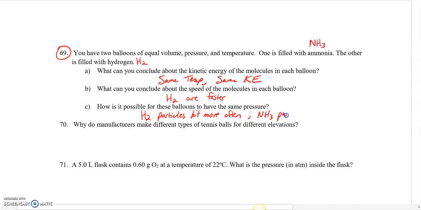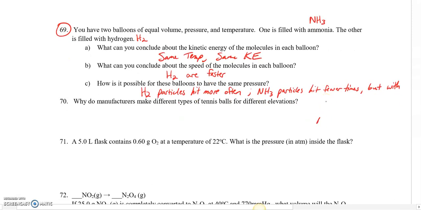NH3 particles hit fewer times, but with more force since they are heavier. So these two cancel out. H2 particles hit more often, but the NH3 particles hit harder.